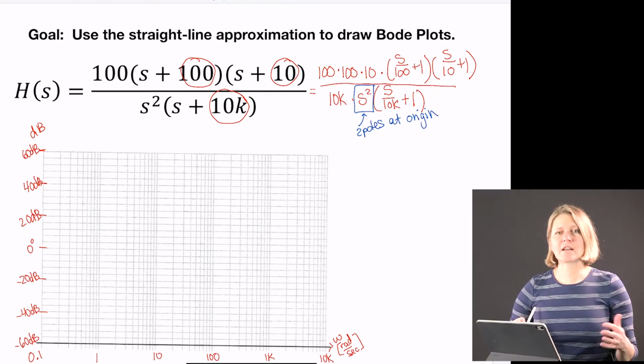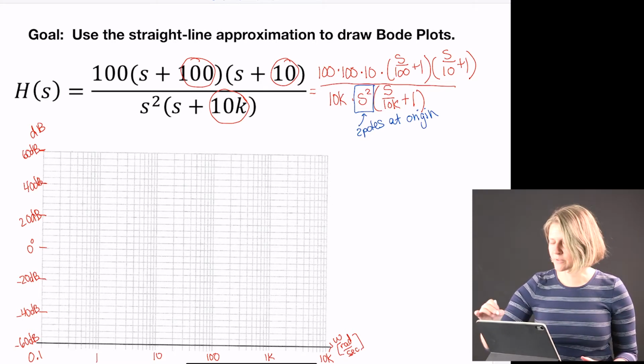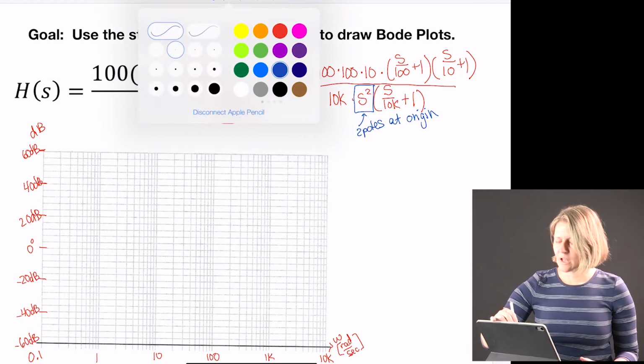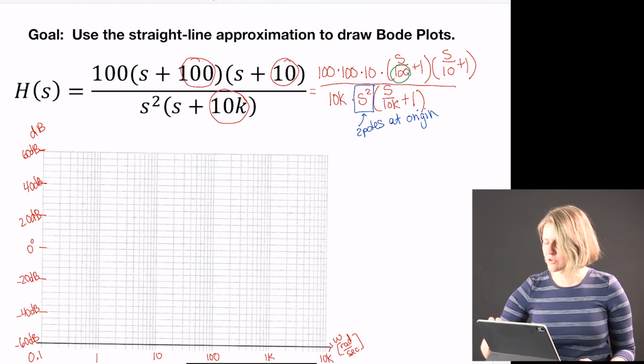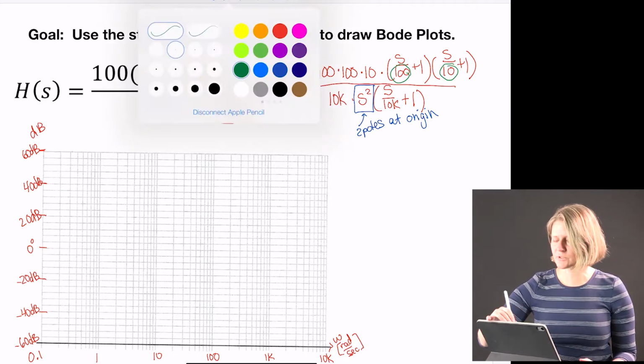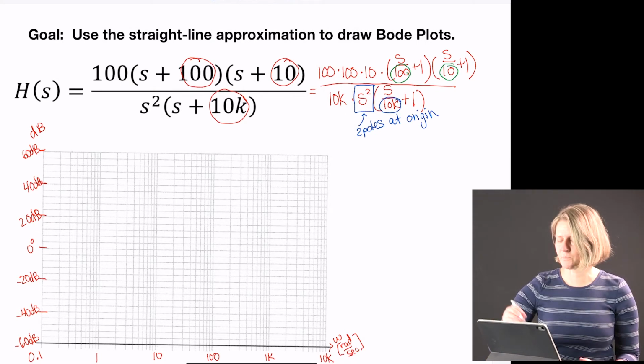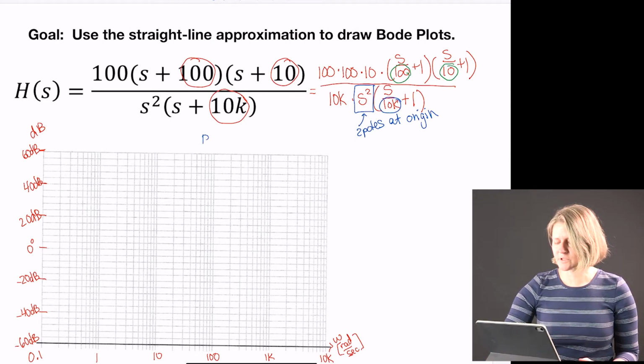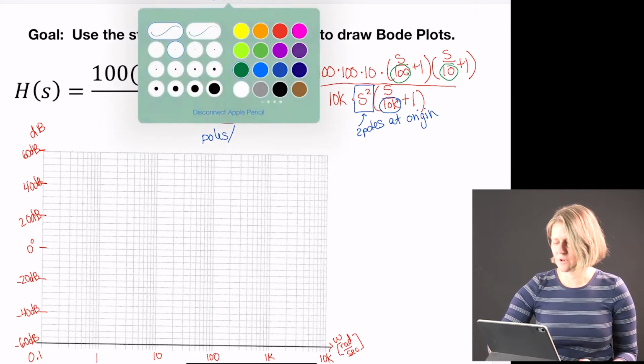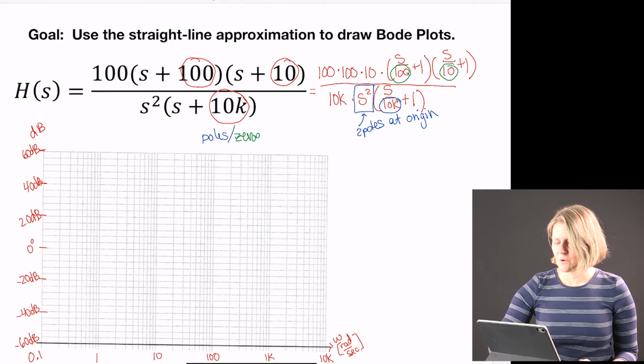So the next step, we want to determine the order of poles and zeros. I always find the lowest value. We have a 100 and a 10 for our zeros, and we also have this 10K for our pole. So for our poles and zeros, our lowest value is 10.